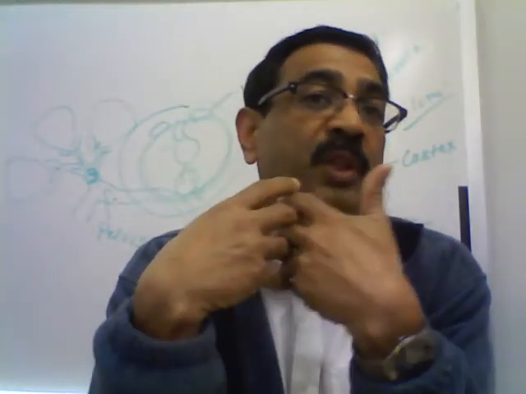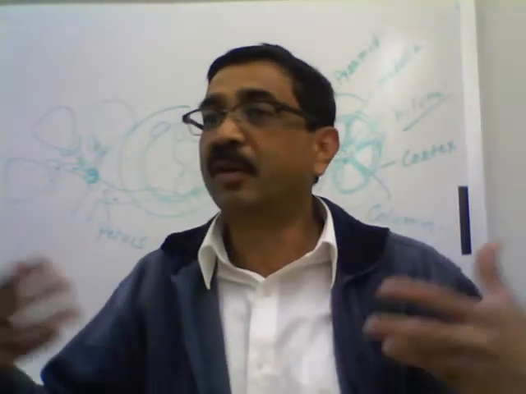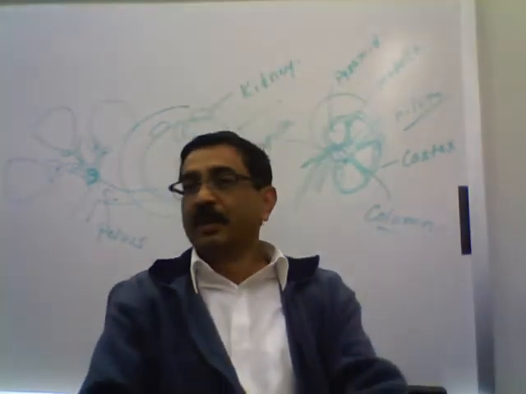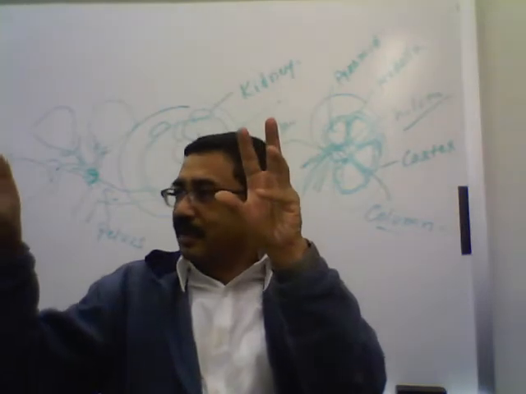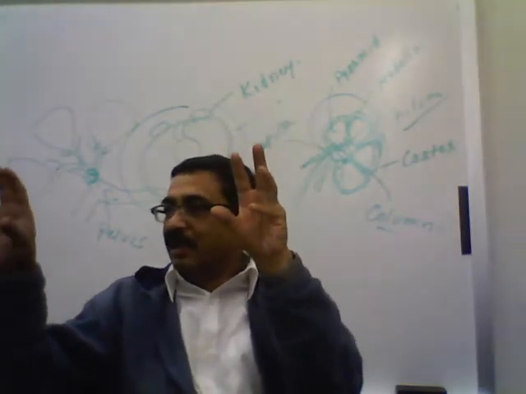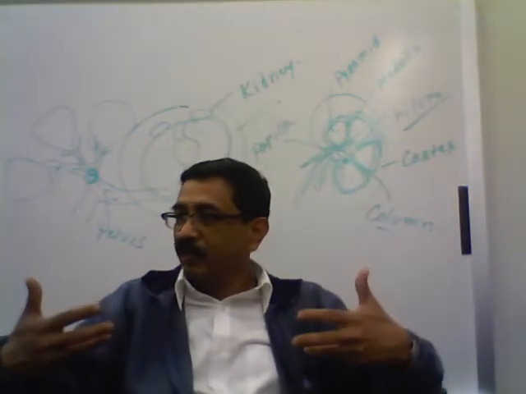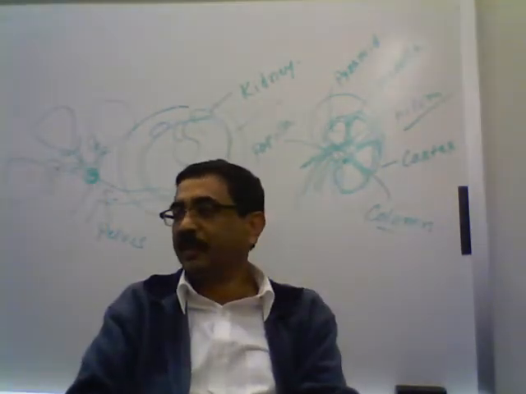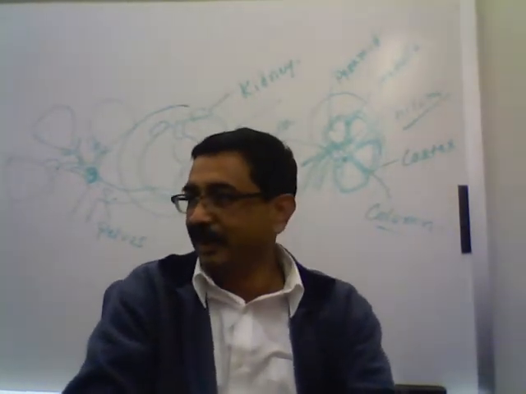About 1/4 of your total body's blood supply or circulation enters into the kidneys. Although your kidneys are very small, you know that your kidneys are this size, 2 kidneys, but 1/4 of your total body circulation, blood flow, enters into those 2 kidneys. That means a lot of blood goes inside the kidney, right?